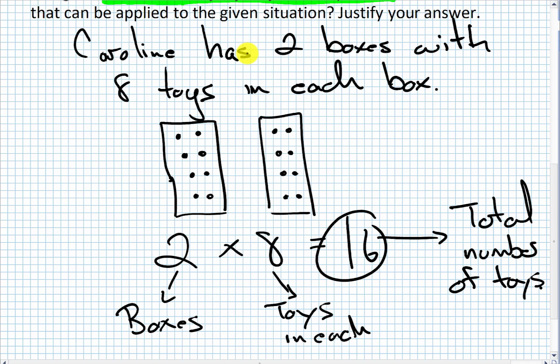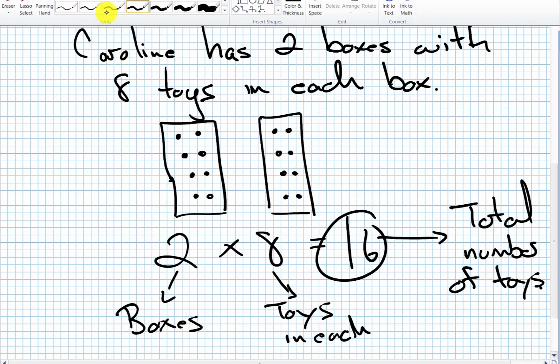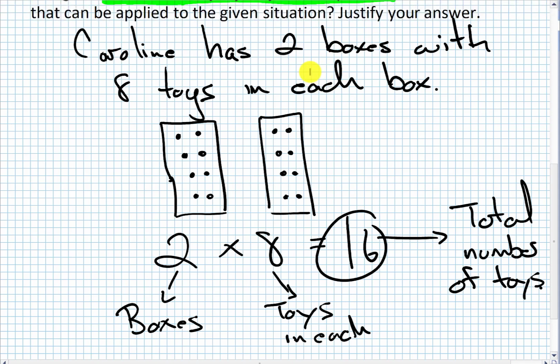And a couple of things that I want to make sure that you walk away from is this idea that when we're given a scenario and we're talking about equal groups of something, 2 boxes with 8 toys in each, for instance, it's helpful to draw a picture so that we can make sure that we really understand what's going on in the real world with the math.